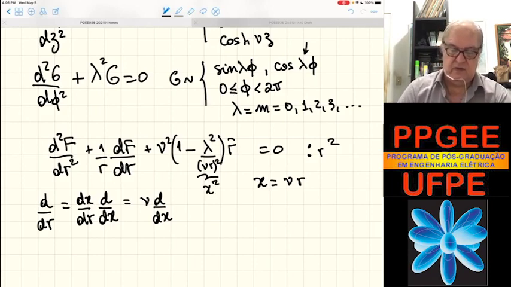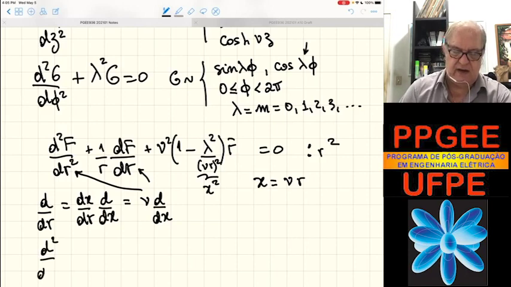So when you do that here and here, you're going to have d2/dr square equals nu square d2/dx square.